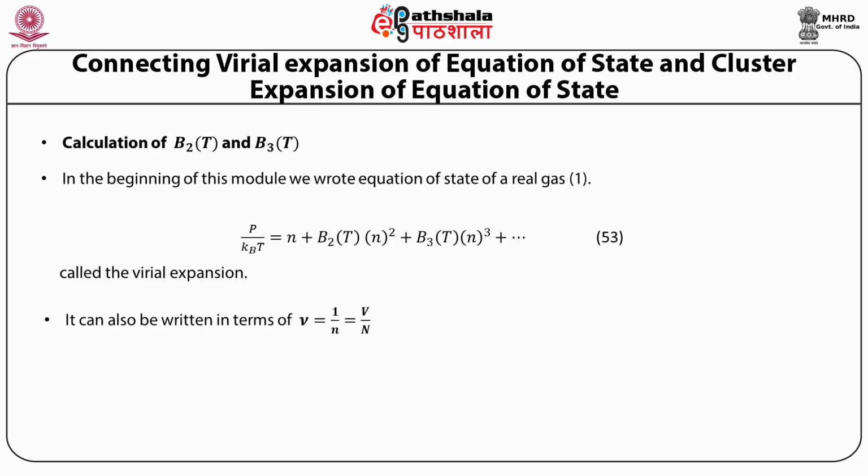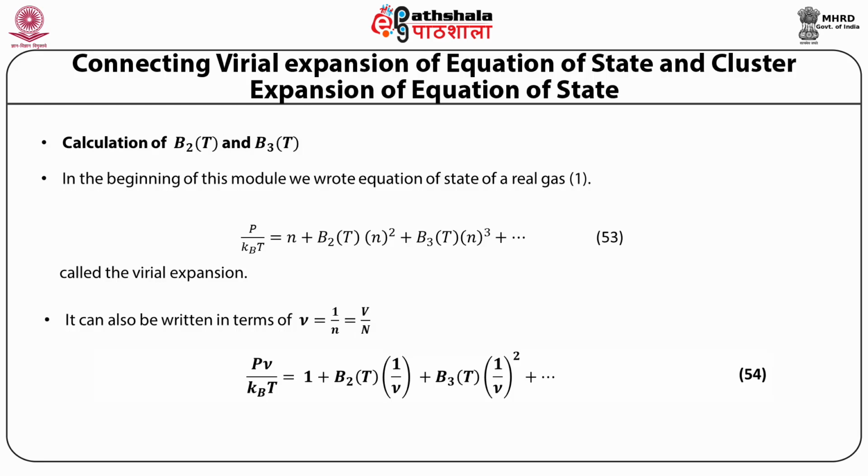It can also be written in terms of nu, which is equal to 1 upon n, the ratio of V upon N, that is the volume occupied by each atom or molecule. Therefore, P nu upon kBT is equal to 1 plus B2(T) into 1 upon nu plus B3(T) into 1 upon nu whole squared.